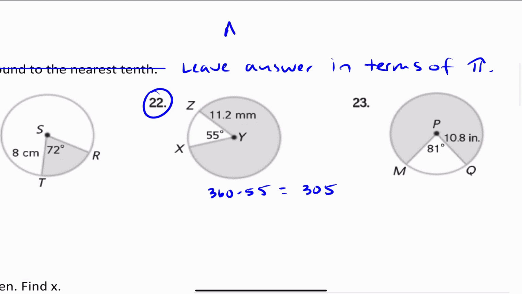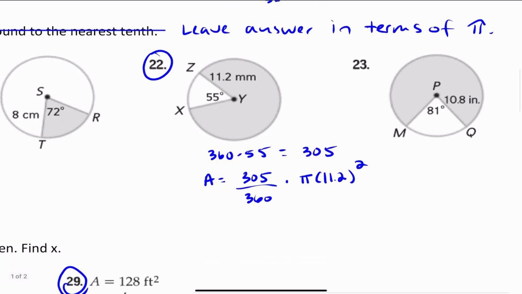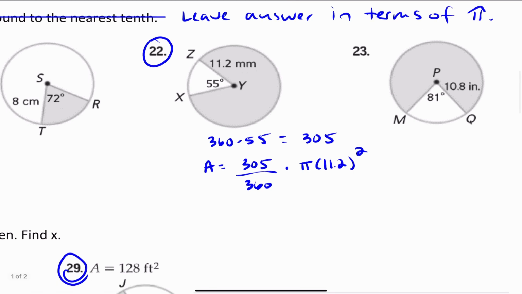Remember, the formula is A equals x over 360 times pi r squared, right? So it's A equals 305 over 360 times pi times 11.2 squared. Okay, so then let's go ahead and figure out what 11.2 the quantity squared is real quickly. So A equals 305 over 360 times 125.44 pi.